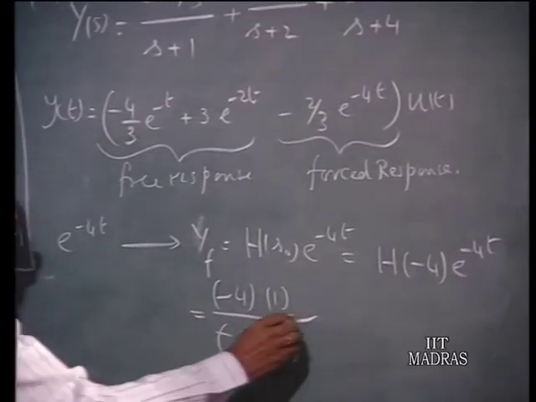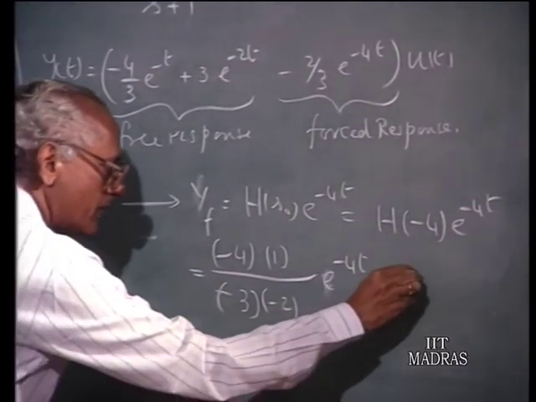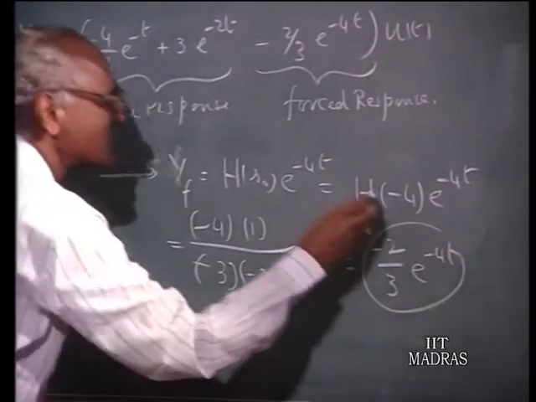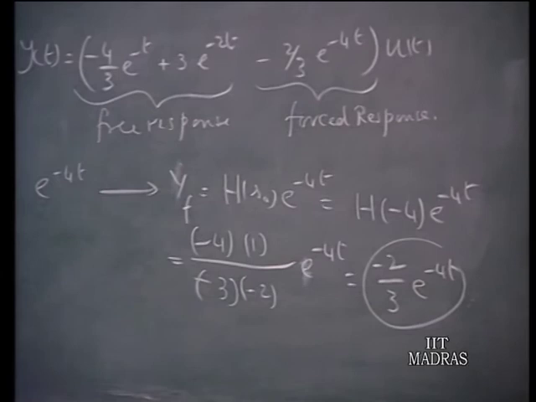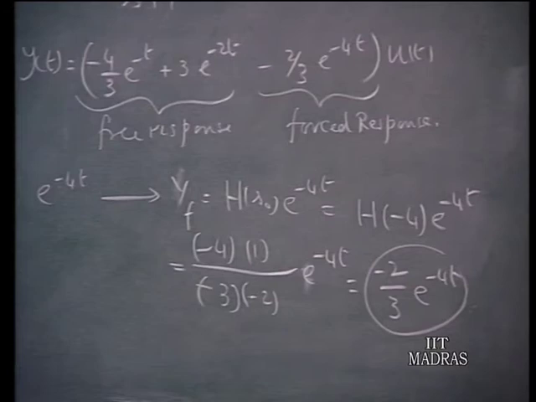So, that will become minus 2 upon 3 e to the power of minus 4t. So, this is exactly what you got here. So, verification of the forced response: you can see that the forced response can be obtained by substituting s naught for s, where s naught is the complex frequency present in the input exponential signal.